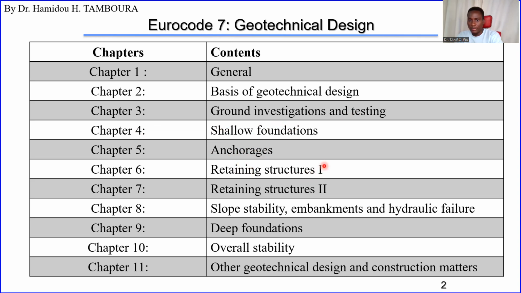The chapter 7 is second part of retaining structure. This one is mainly gravity walls. And chapter 8 is about slope stability, embankment, and hydraulic failure.